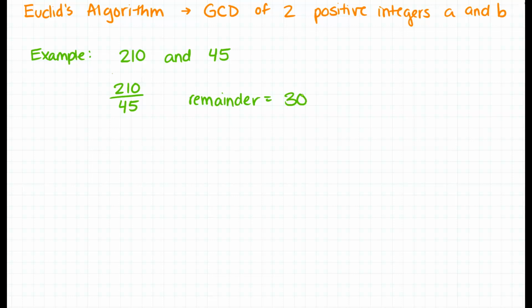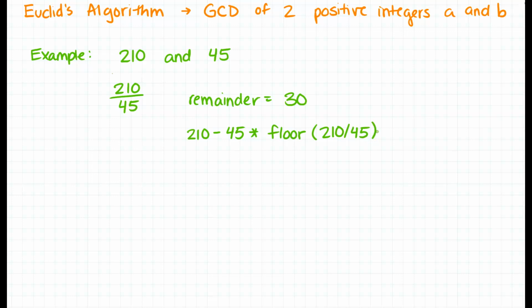I found the remainder. There is a MATLAB function to find the remainder, but I did it by saying 210 minus 45 times, I'm going to use some MATLAB syntax here. So I did floor, which means round down, of 210 divided by 45, which is 4.